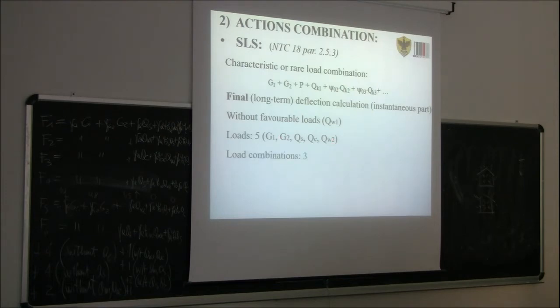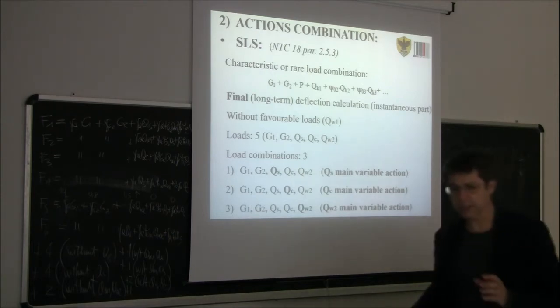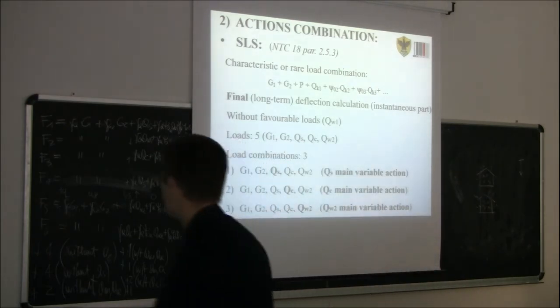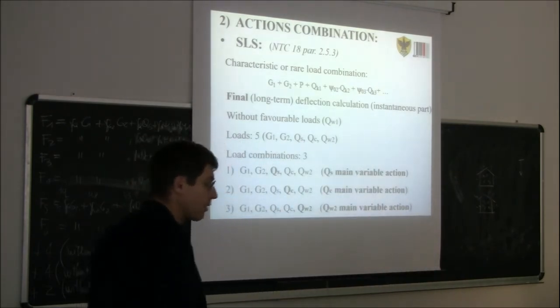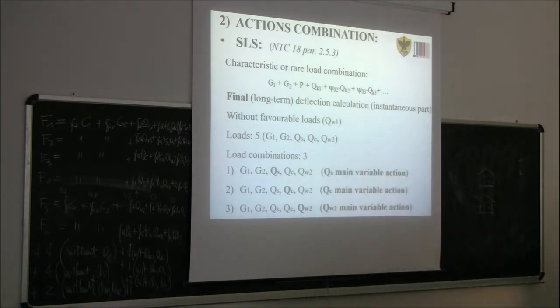So we need to consider 3 load combinations like before, but in this case we need to add the 2 permanent actions. Because when we calculate the final deflection, it should be calculated under the entire characteristic load combination, while before the instantaneous deflection was calculated only under the variable part of the characteristic load combination. So in this case we have to consider these 3 load combinations, 1, 2 and 3, when we change the variable action.